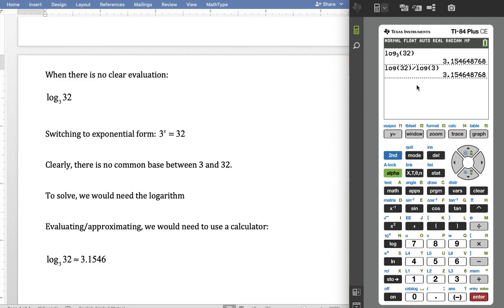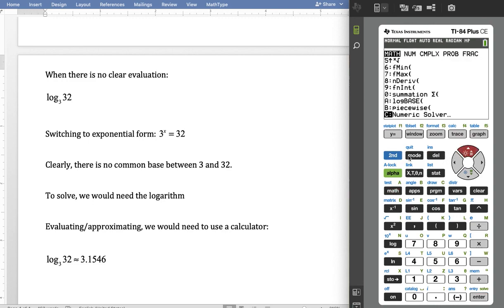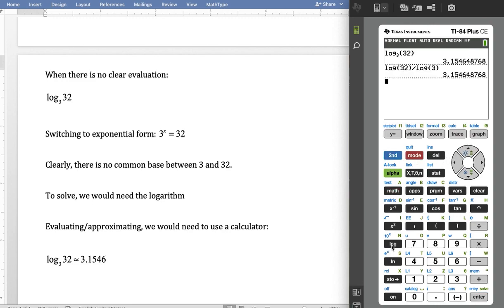That would give us the same thing. Now, another note, in the calculator, we've got the log base option under Math. We have log, that's log base 10, and then there's also ln. ln is natural log, that is log base e. Anytime we see the number e, we would use natural log.